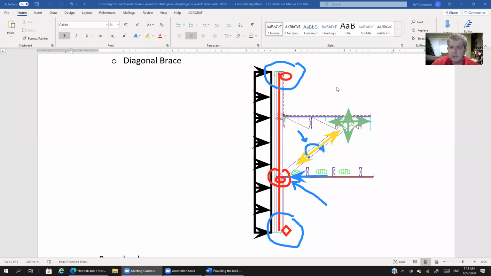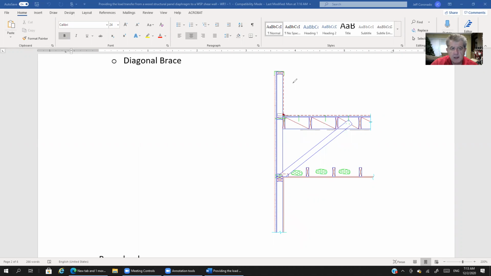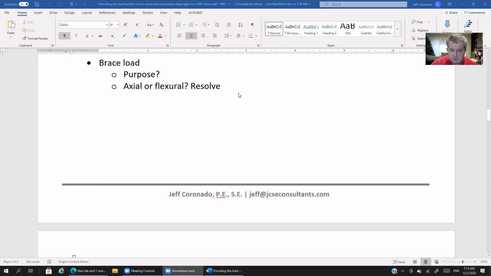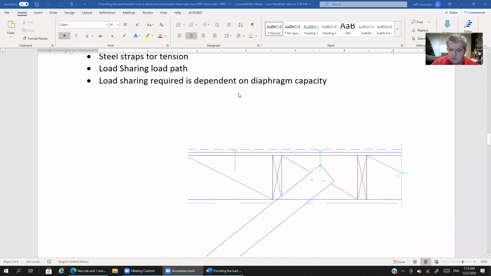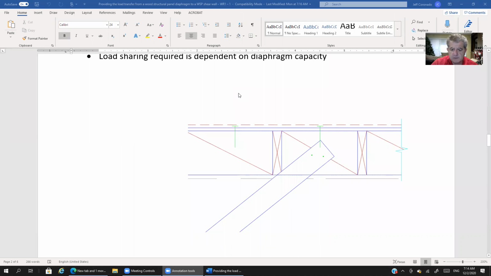Okay, so now let's focus on the top part of the connection of the brace right here. Let's clear this all up, and let's scroll down. So here's the top part of the brace. Here's our sheathing, our wood structural panel.